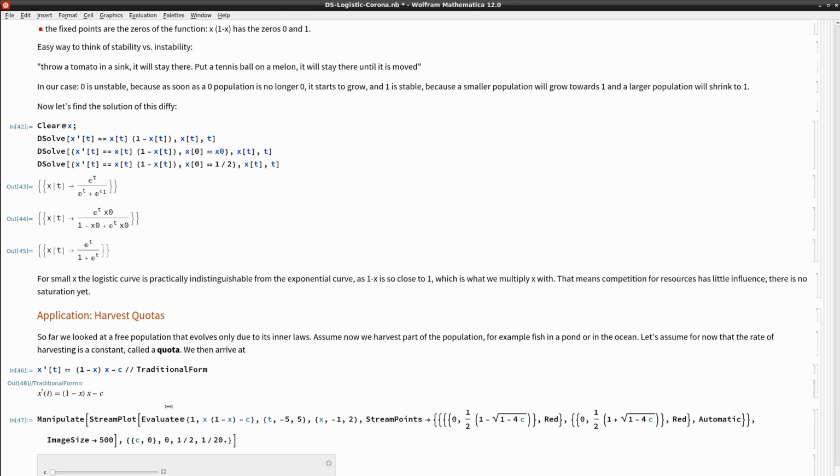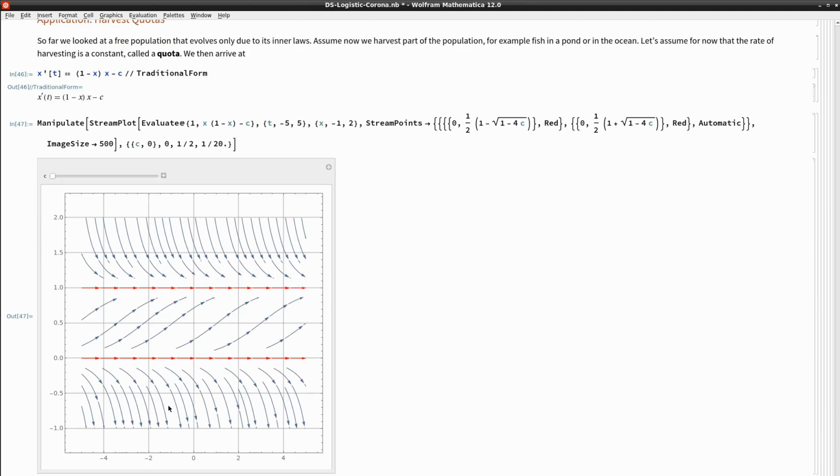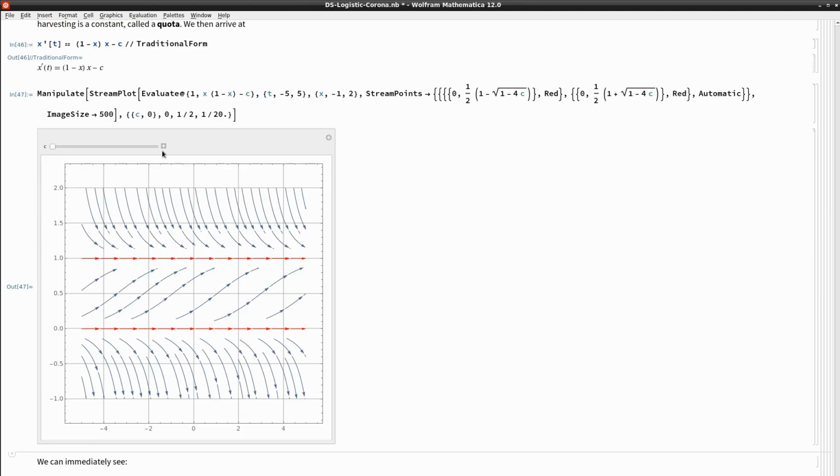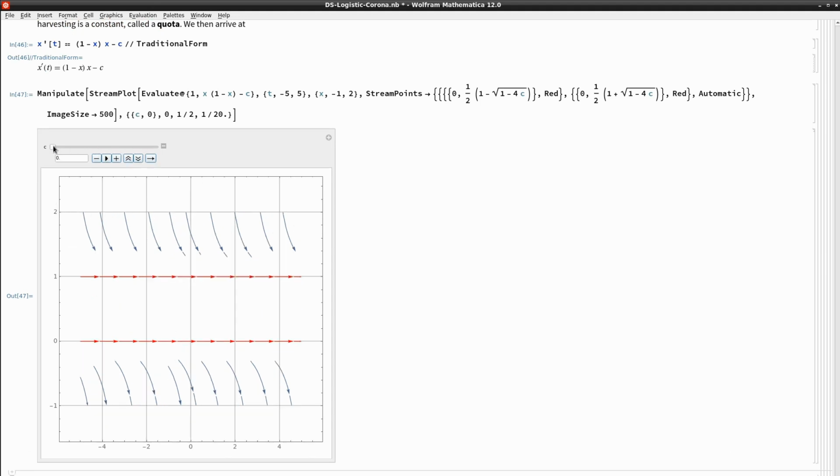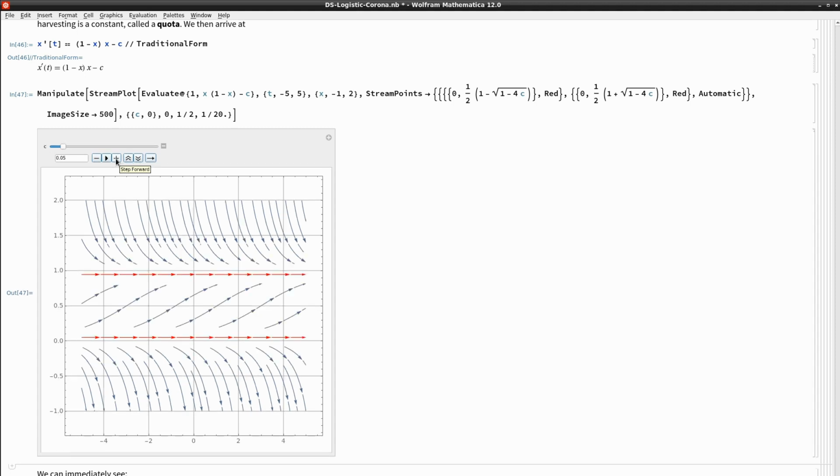And if we look at that now with a change in C, then we can see that as we increase C, these two fixed points suddenly start converging towards each other until a maximum value of a quarter.